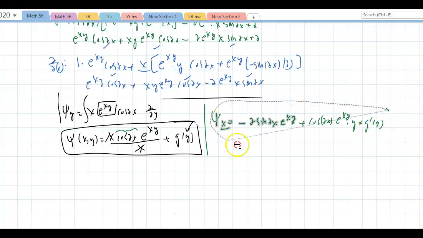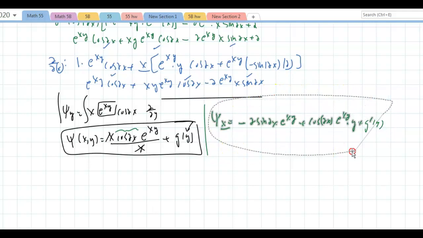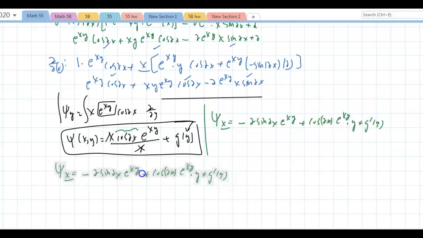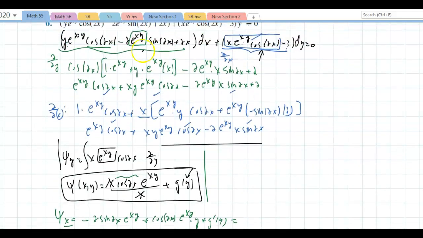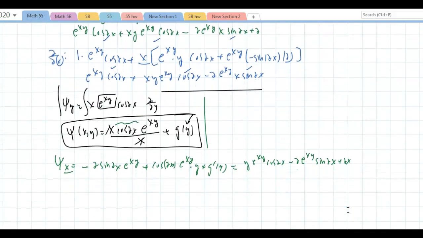Since it's really lengthy, I'm going to put it here so we can see it all on one line. That should equal the I component. That should equal y e to the xy cosine of 2x minus 2 e to the xy sine of 2x plus 2x. And I noticed that this and that cancel out, and this and that cancel out. I'm left with g prime of y equaling 2x.